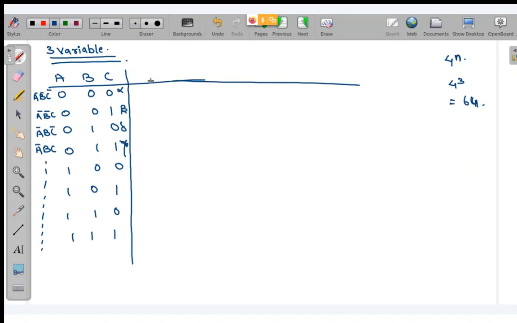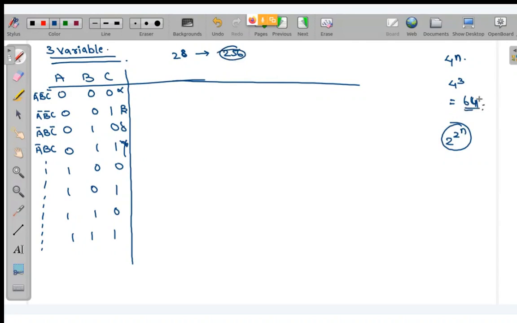Now these 8 coefficients will have 2 to the power 8 combinations. So what is 2 to the power 8? Yes, very good, Piyush. So 2 to the power n is the correct way. So this is 256, but you gave me the answer 64.